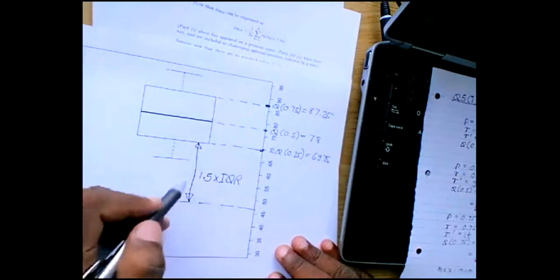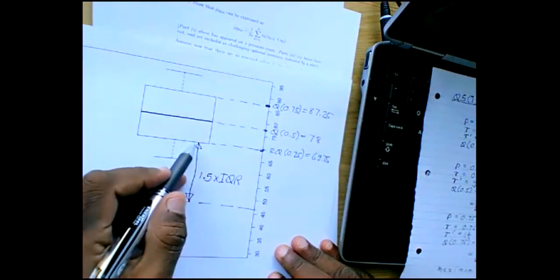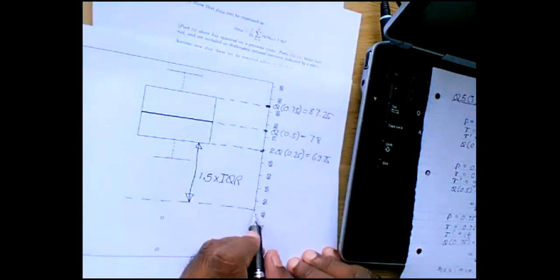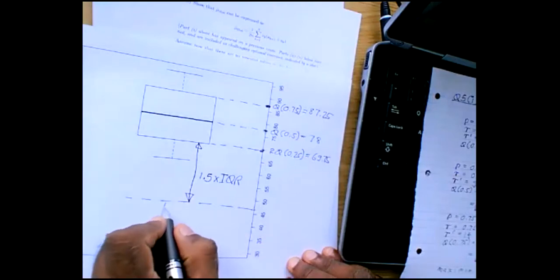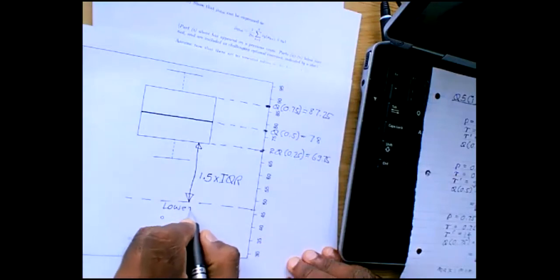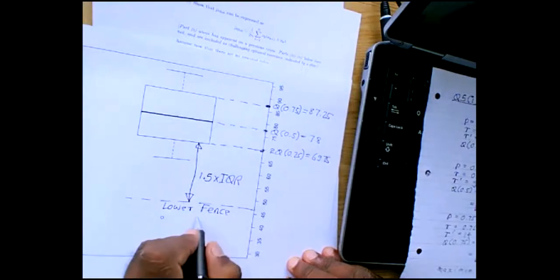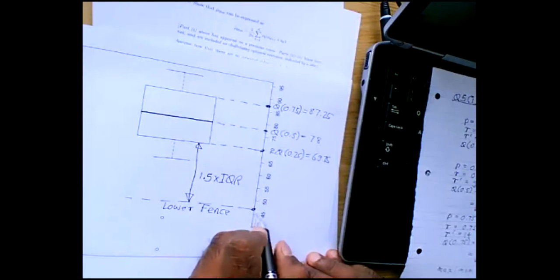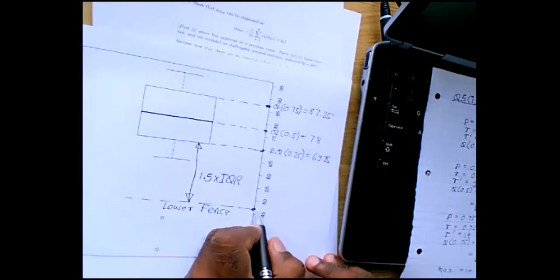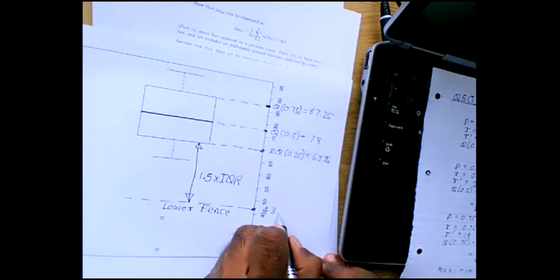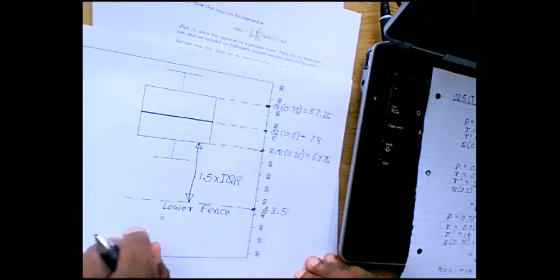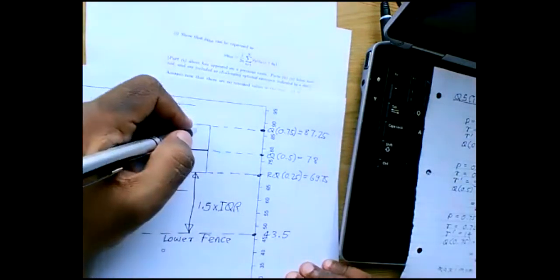Right. So if you take this distance from the lower quartile, you will get to this point, and this is known as the lower fence. For this data, this will be equal to 43.5.